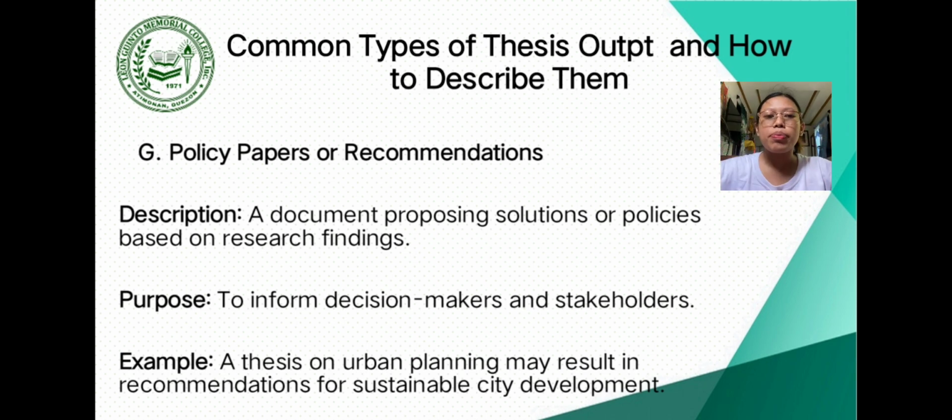This is a document proposing solutions or policies based on research findings, and the purpose is to inform decision makers and stakeholders. For example, a thesis on urban planning may result in recommendations for sustainable city development. That is the common types of thesis output and how to describe them.